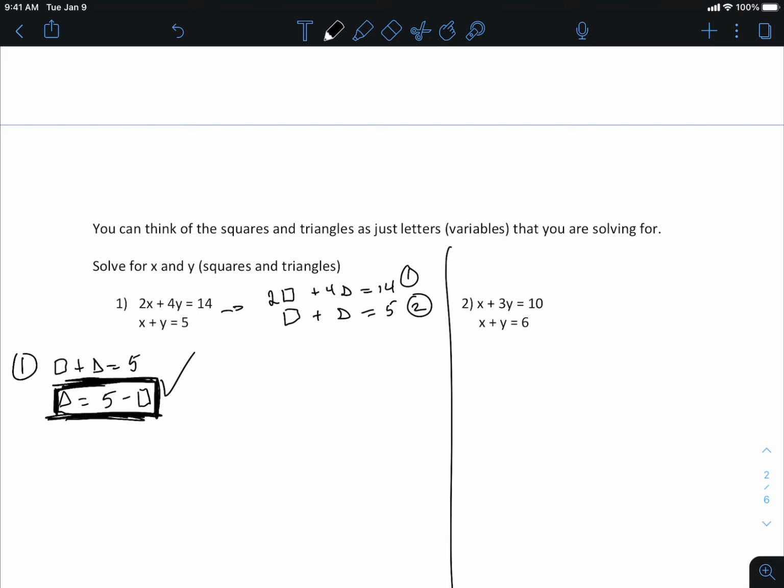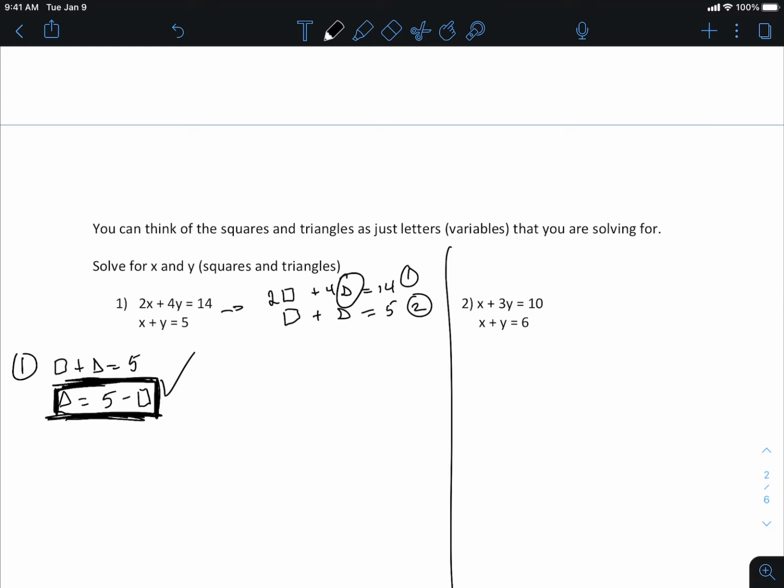So step 2 is, if we look at the first equation, okay, so this top one, I now know what the triangle is, because I just found it, I just wrote it out. It's 5 minus a square. So I'm just going to rewrite the first equation, and instead of writing that triangle in there, I'm just going to write the piece on the right side, right?